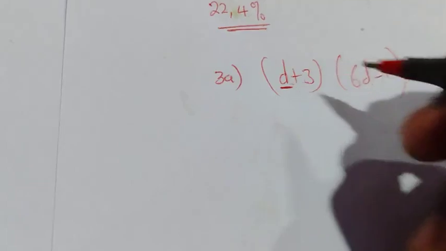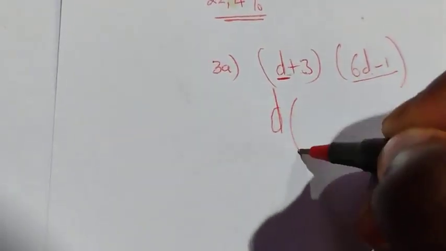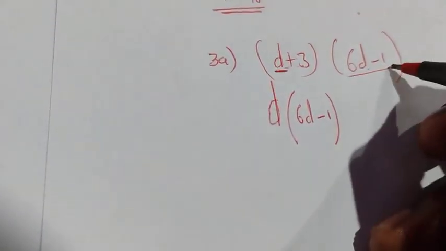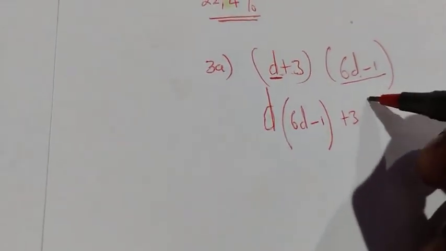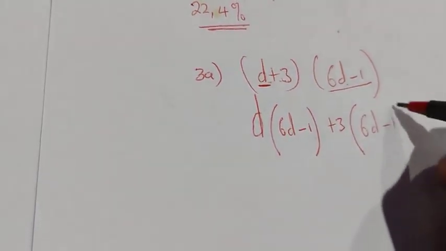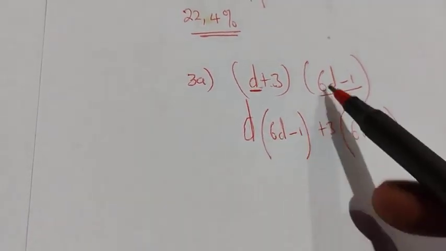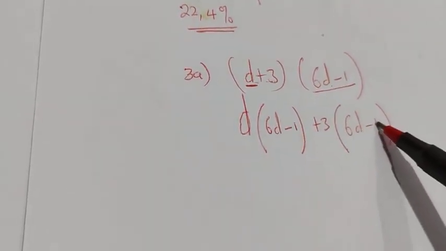So d is going to multiply this whole bracket. So d will multiply 6d minus 1. It's going to multiply the whole bracket. Then plus 3 is also going to multiply the same bracket.